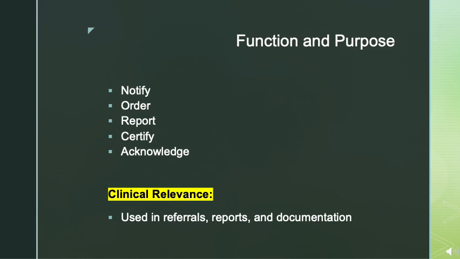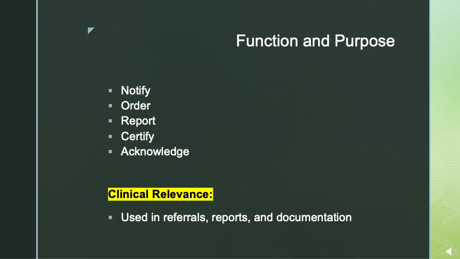First, to notify. This means informing others about a patient's condition or status. Second, to order. Records may include instructions such as treatment plans. Third, to report. This involves documenting findings, interventions, and outcomes. Fourth, to certify. Some records confirm that a procedure or treatment was performed.